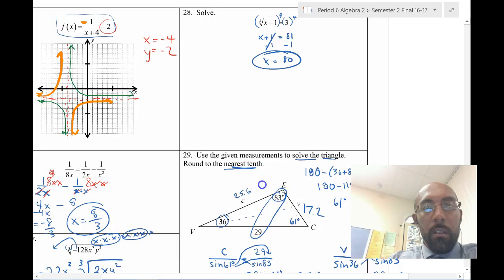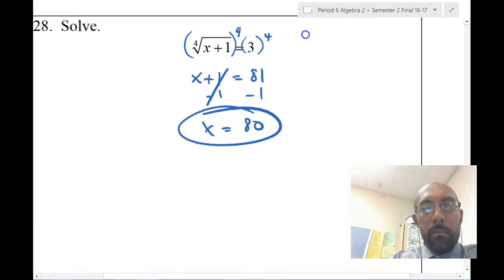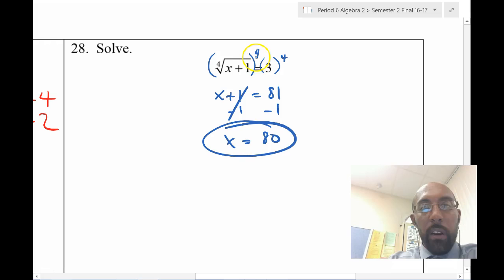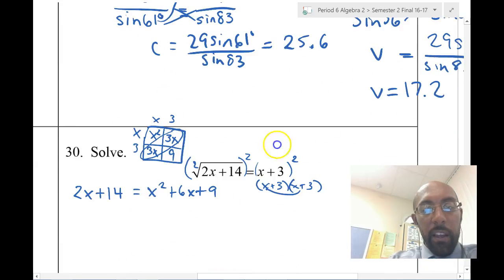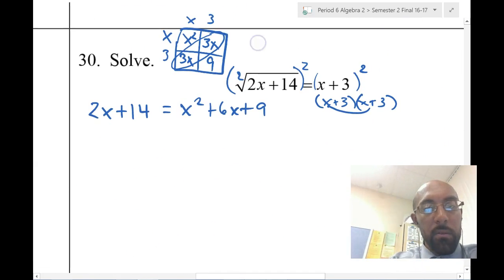Whereas in the other case, like number 28, when I raised it to the power of 4, I didn't get a quadratic or a squared term, so I could just solve it linearly by taking away from each side, isolating x. So again, if I get x squared, move everything to the side where x squared is. If x squared is negative, however, move it over to the other side so it becomes positive, or just multiply everything times -1 to cancel it out.